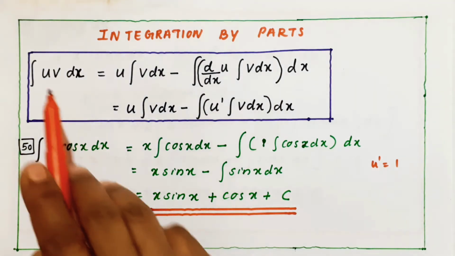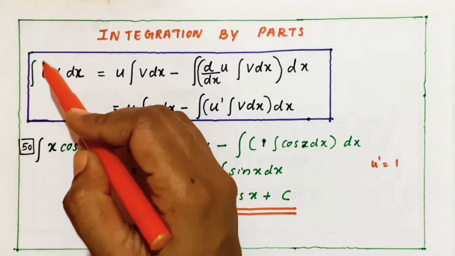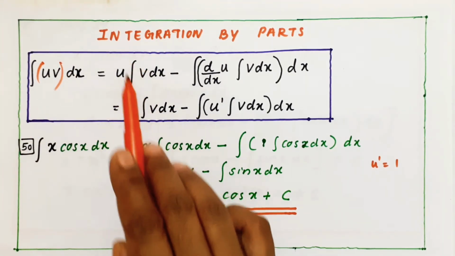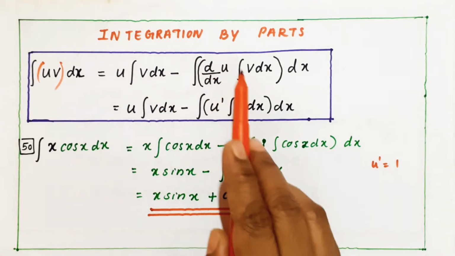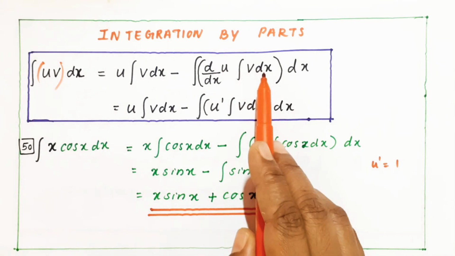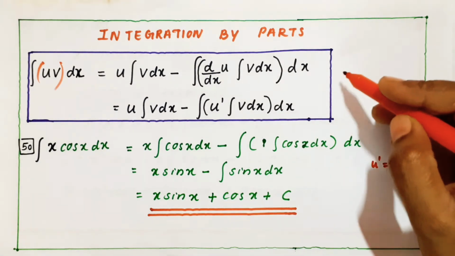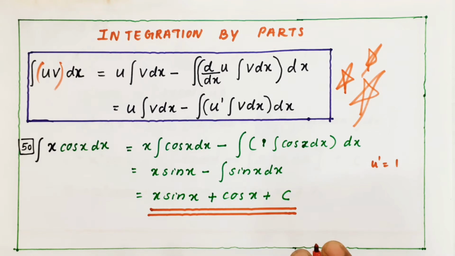There are two functions, u of x and v of x. So what we are doing is first term into integral of the second term, minus integral of the derivative of the first term into integral of the second term dx. Clear? You remember the equation. I told you this is a very important equation.